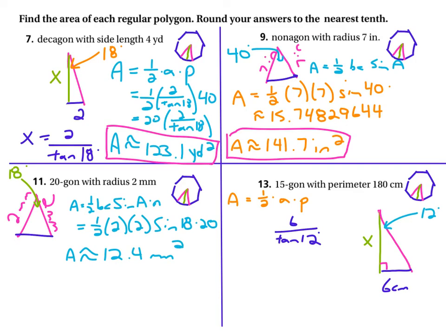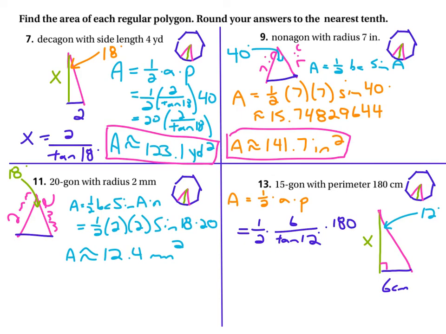So what we've got here then is that 6 divided by tangent of 12 degrees is what we just figured out the green apothem length is. So now the orange formula, A equals 1/2 a times p, is going to give us the area of the entire polygon. So we do 1/2 times 6 over tan 12 times the perimeter, which we were told is 180.